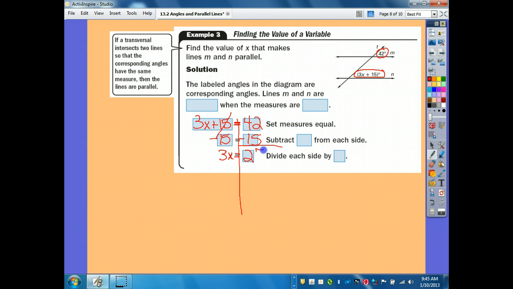Divide both sides by 3. What does x equal? x equals 9. So we solve for x. Does that mean, what is 3 times 9? 27 plus 15, does that equal 42? Yes, it does. So we know those lines are parallel because they do equal each other.